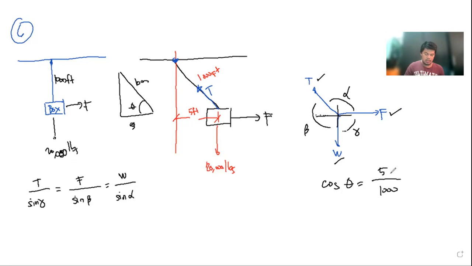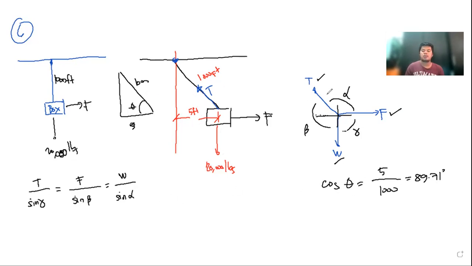So theta then is equal to the inverse cosine, so that is 89.71. Okay, so now we have theta already.